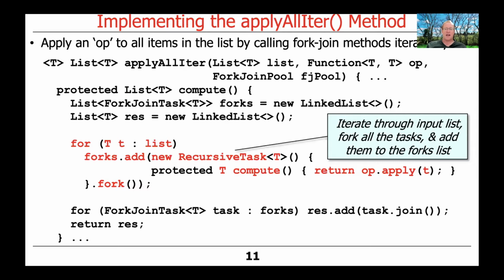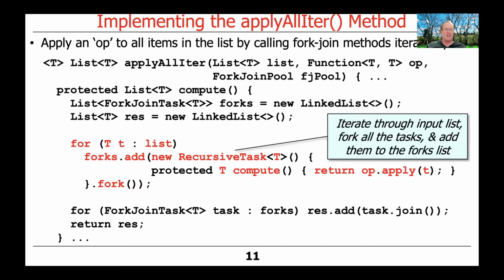Now what we're going to do, and this is what makes this the iterative variant, we're simply going to use a for each loop to iterate through every element t in the list that's passed as a parameter. And for each of those elements, we're going to make a new anonymous recursive task instance. And we're going to go ahead and define its compute method, which as you can see here is basically defined to apply the operator on each of the elements in the list one at a time.